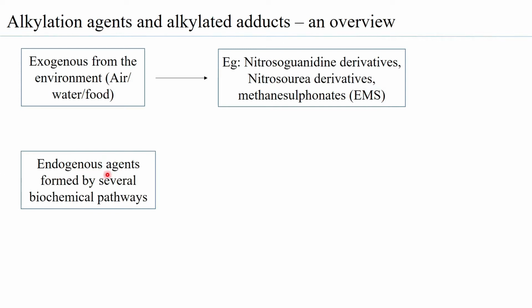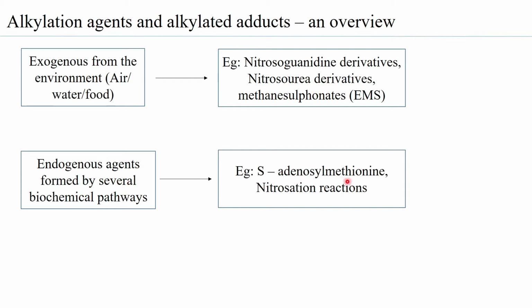Now you also have endogenous agents. These are products that are either byproducts or end products of several biochemical pathways. For example, S-adenosyl methionine can contribute to methylation. Nitrosation reactions can lead to methylation, and both these types of agents, whether exogenous or endogenous, are able to cause methyl adducts both in the DNA and in the RNA.